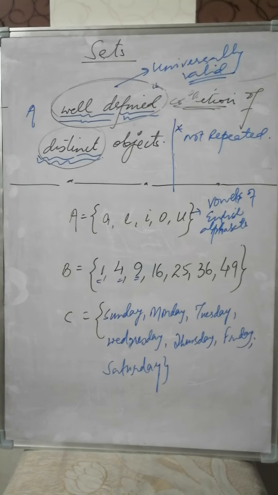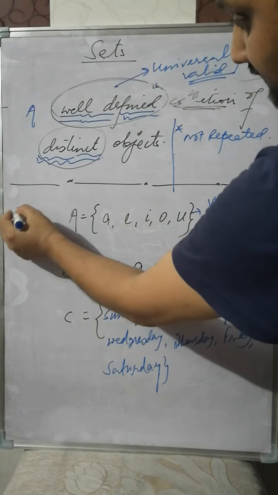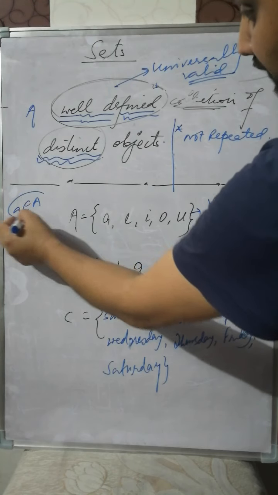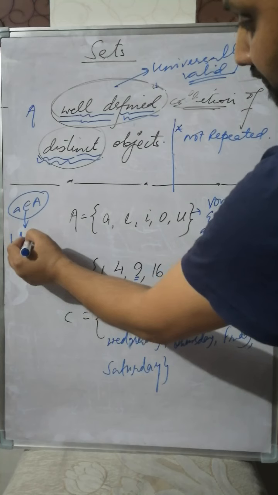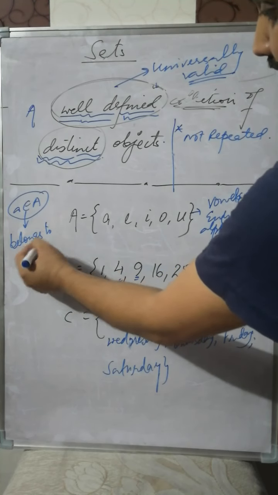Sometimes people do call them objects also, but most of the time we will be naming them the elements of the set. So if something is there in the set, like in this case small a is there, I'll write small a belongs to A. This is the symbol of belongs to.